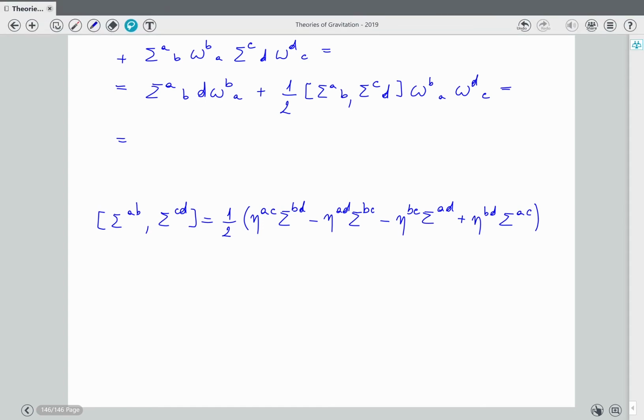Okay. So you have 4 terms. So 1 over 4, 1 over 2, 1 over 2.